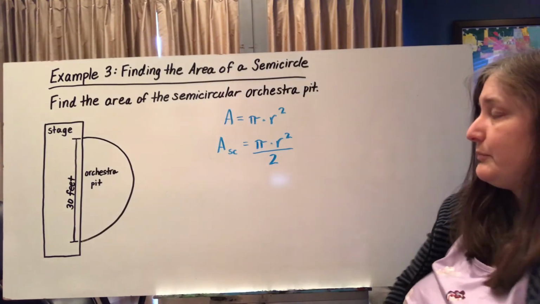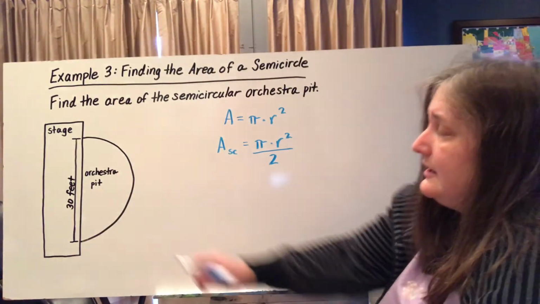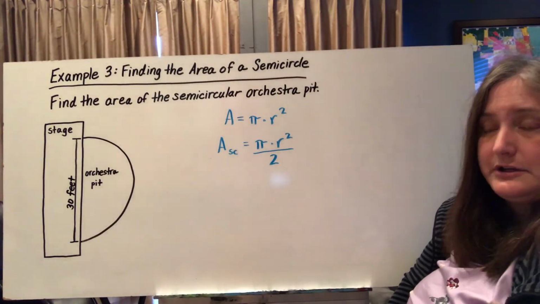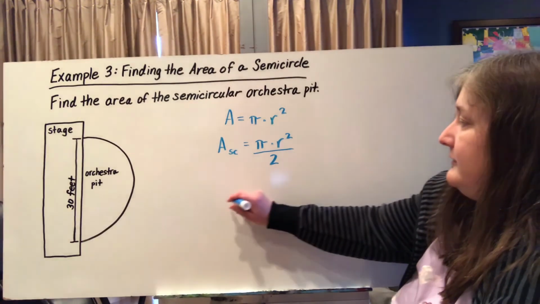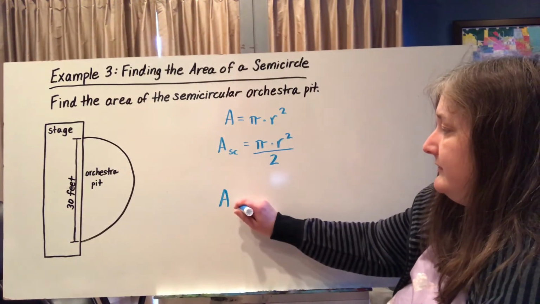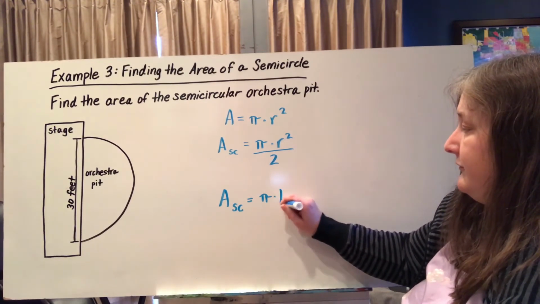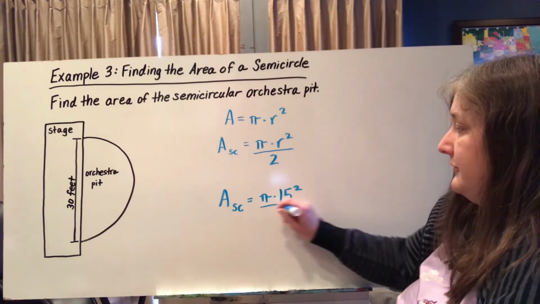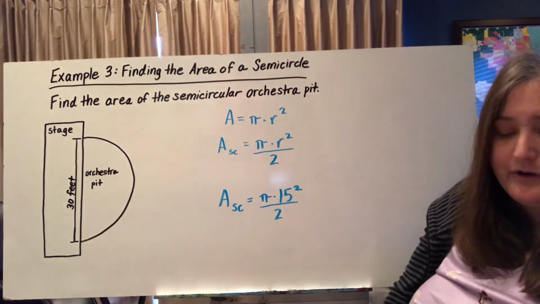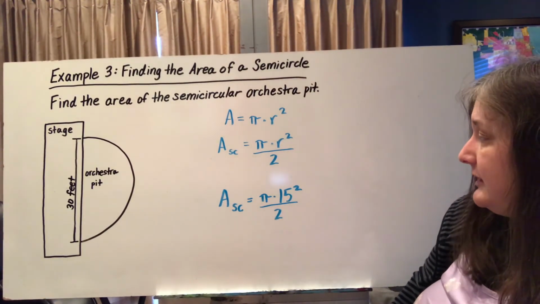So in this case, the radius of that orchestra pit is going to be half of 30 feet, or 15 feet. So to find our area for this semicircle, we're going to do pi times 15 squared, all divided by 2. So the very first thing we have to do is the 15 squared.